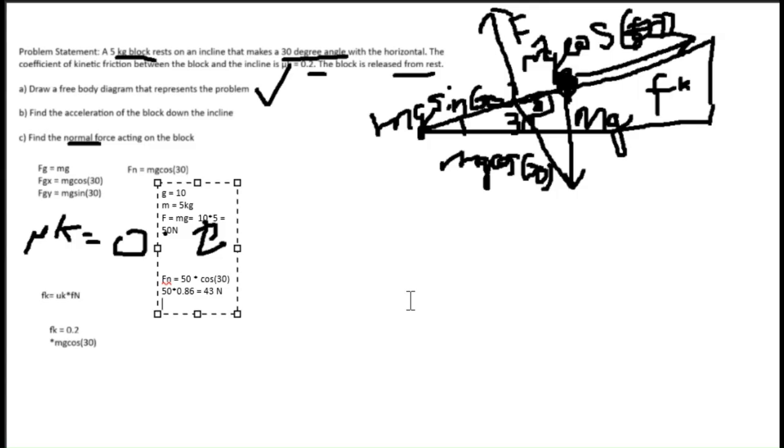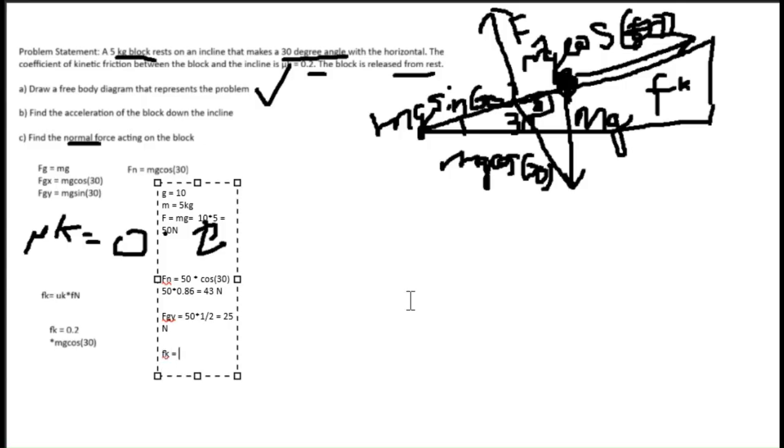Next, let's find the vertical component. So which would be F of g y is equal to mass times gravity, which is 50 sine 30. Now, as you might know, sine 30 is equal to 1/2. So we can just plug that in. That would equate to 25 newtons. All right, now we are all prepared to solve for the frictional force.